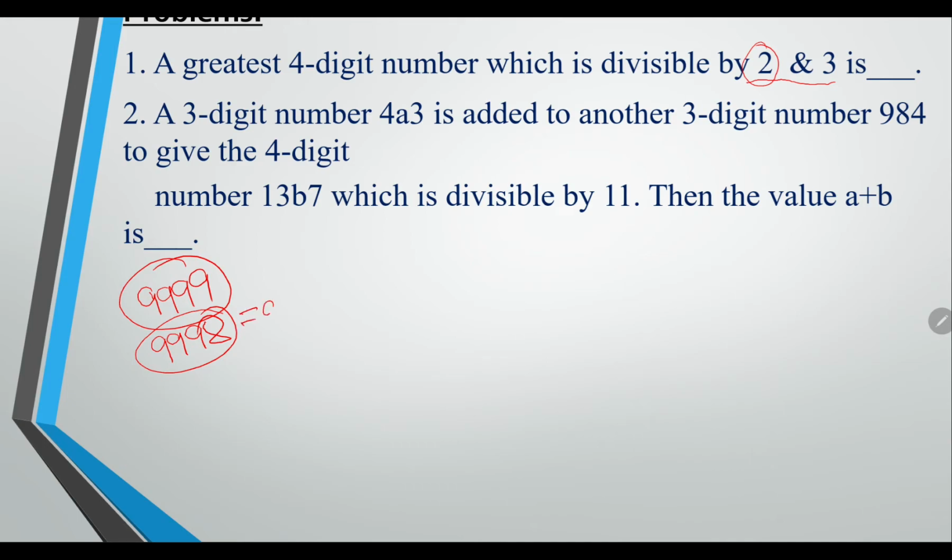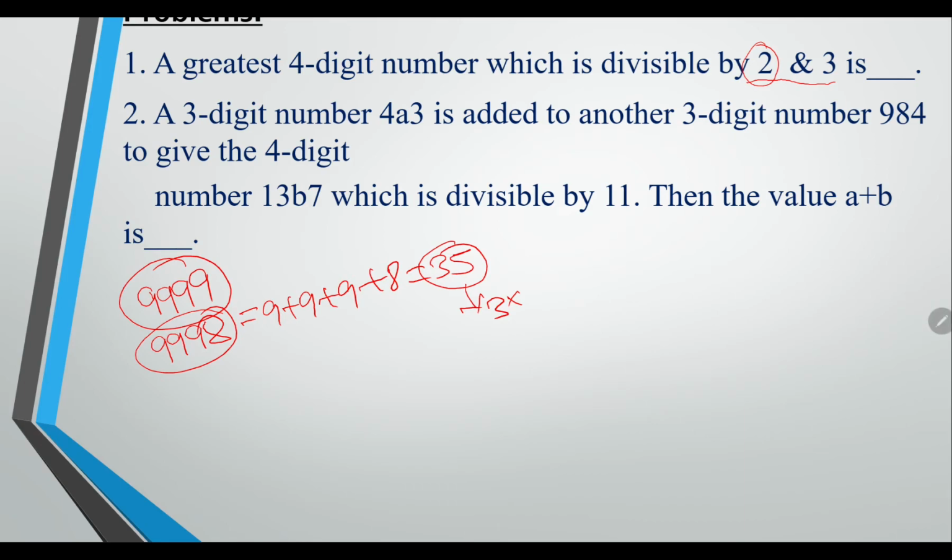Let's check it. 9 plus 9 plus 9 plus 8 is equal to 35, and as 35 is not divisible by 3, we can say that 9998 is not the greatest 4-digit number which is divisible by both 2 and 3.